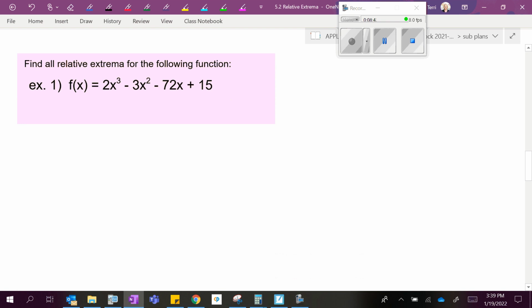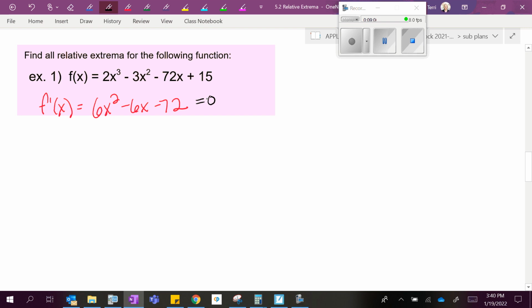First example, find all the relative extrema for this function. First thing we're going to do is, again, take the derivative. So we get 6x squared minus 6x minus 72. We set that equal to 0, and we solve.